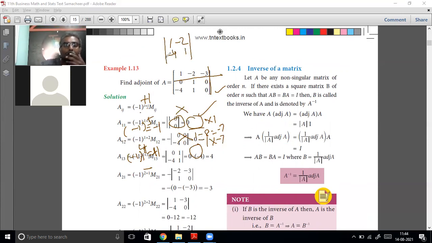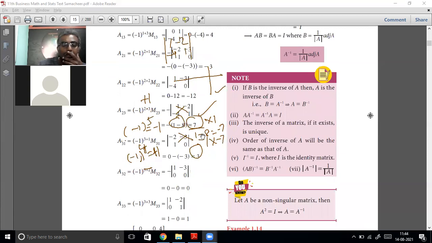Correct? There is no minus outside the determinant. The minus is there because minus 1 to the power of 5 is equal to minus 1, and that minus 1 has been put here. There's no minus 1 inside the determinant.